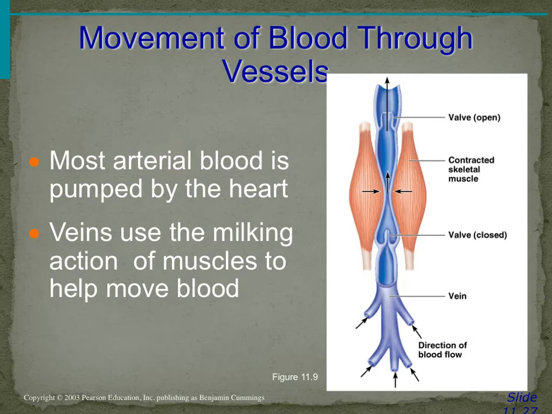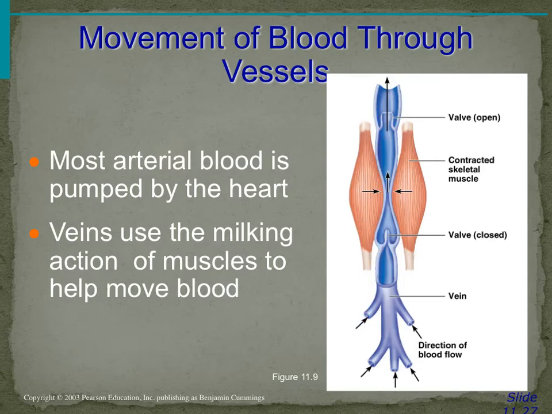So as I was talking about in the previous picture, arterial blood is pumped by the heart, and the heart's continuously pumping and pushing blood through the arteries. By the time blood gets to the veins, they don't have that constant pumping as much. And so your skeletal muscles, as they move, they help to push blood up.